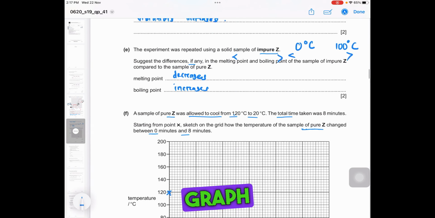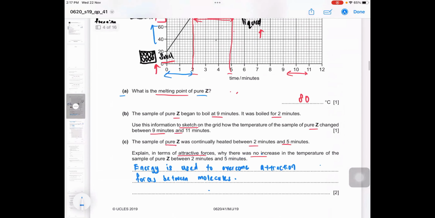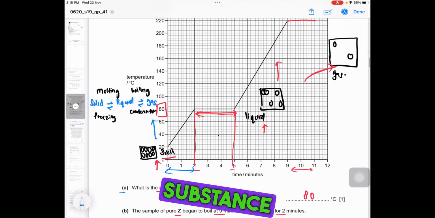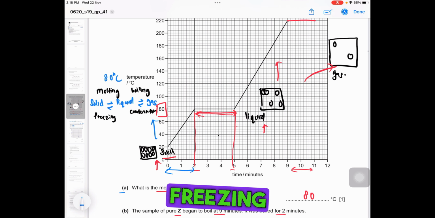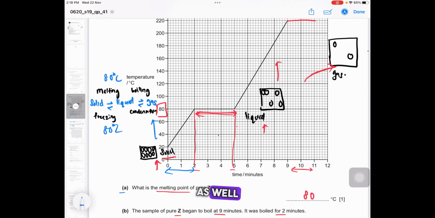So when we look back at the graph here, substance Z melts at 80 degrees Celsius. That means the freezing point of substance Z is 80 degrees Celsius as well.